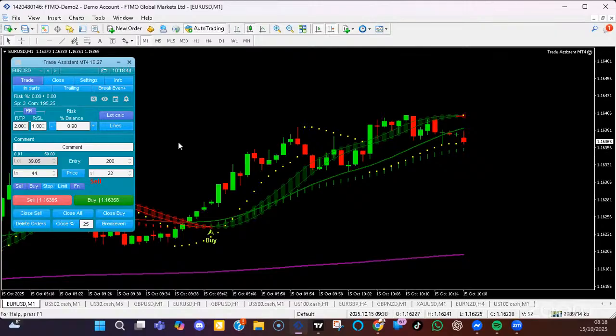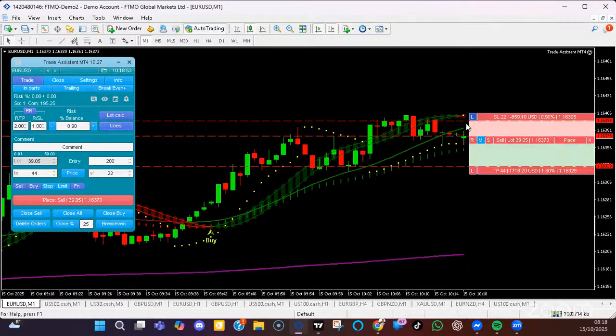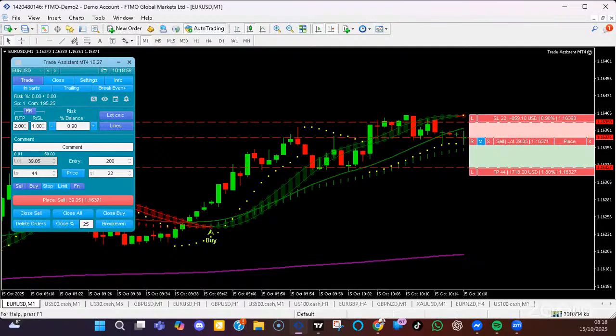But right now we are looking for a potential sell on the EUR USD. So I'm going to put my line chart on, keeping 2.2 pips away.